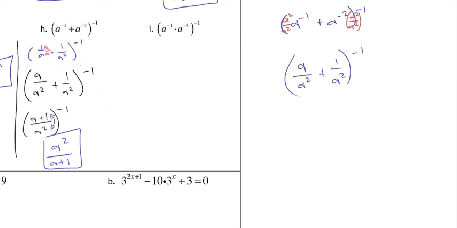And that can simplify down, we've got our common denominator now, so we can add that up. We have a plus 1 over a squared, all to the negative 1, and we again get a squared over a plus 1.